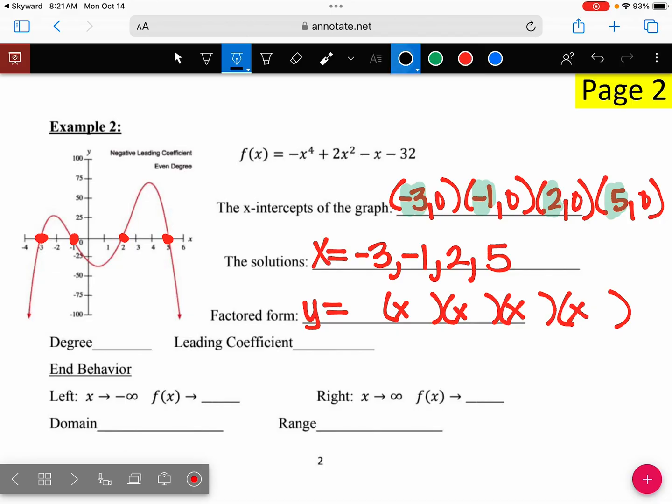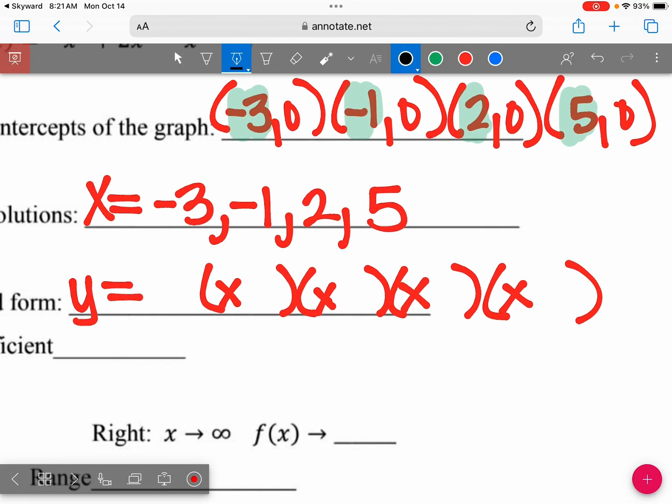So for the first one, instead of a -3, I'm going to put a +3. And then instead of a -1, I'm going to put a +1. Instead of a +2, I have a -2. And instead of a +5, I have a -5.